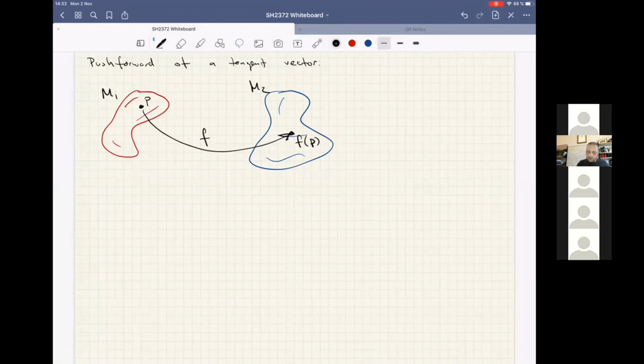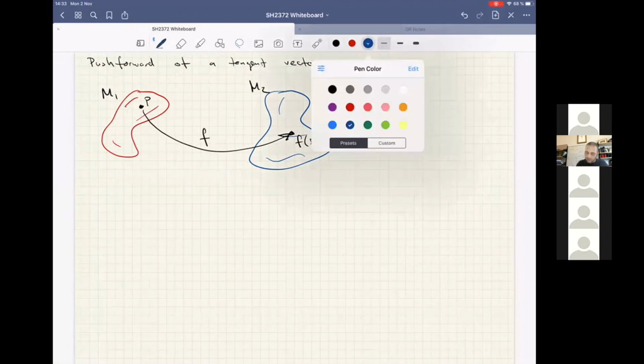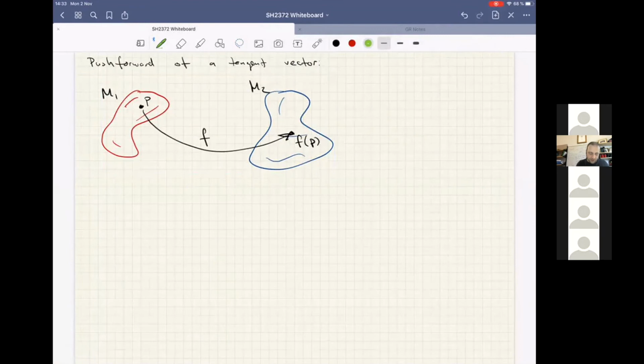And let's now consider the case when I have a tangent vector here in the point P. So let me call this V. That's a tangent vector in the manifold M1 at the point P. This is an element of T_P M1.